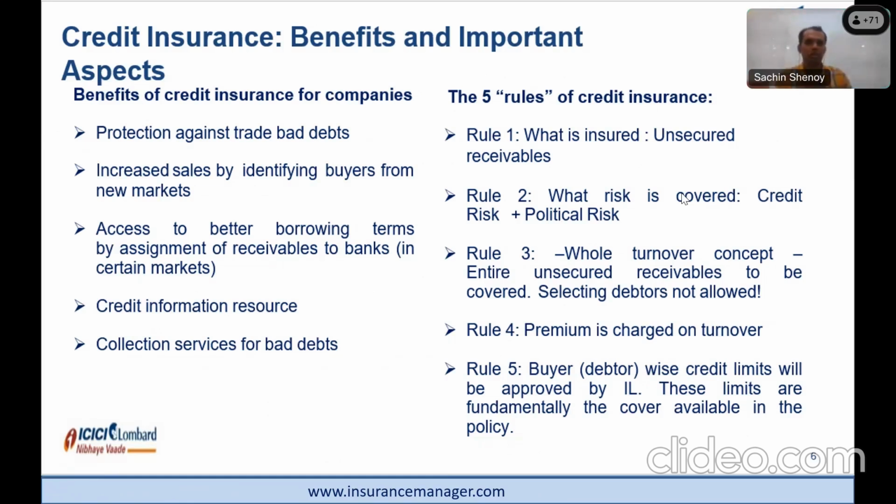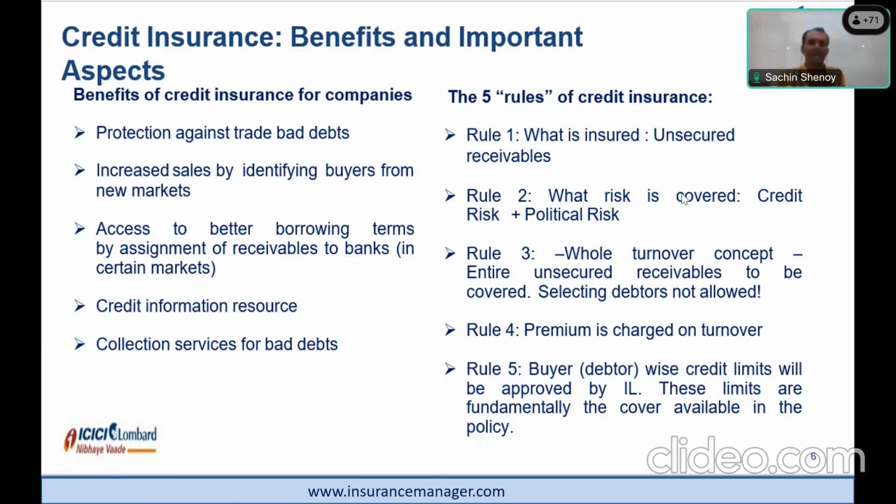On a standalone basis, you can take only exports, or if you require, you can take only domestic also. So three combinations are possible: domestic, export, and collectively domestic and export together in one policy. But once you say that I want to cover this particular product, then all the receivables in relation to that particular product need to be covered under the program.